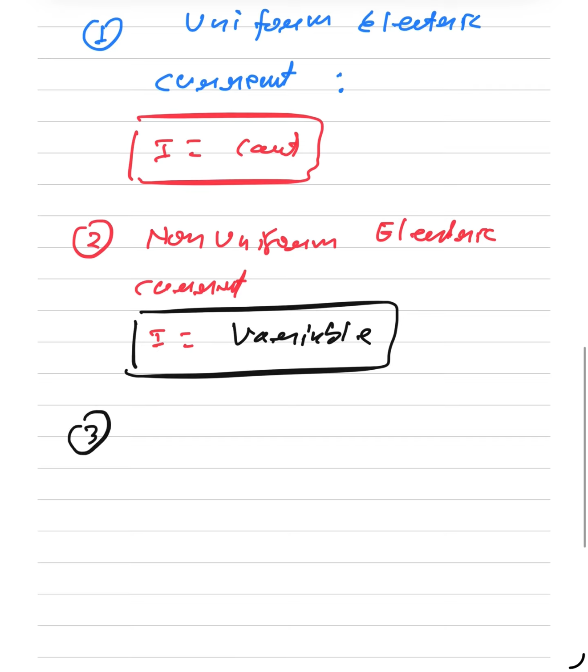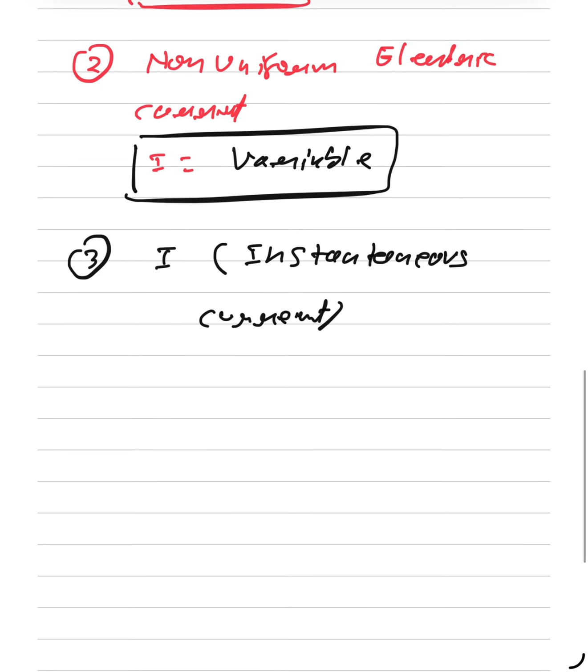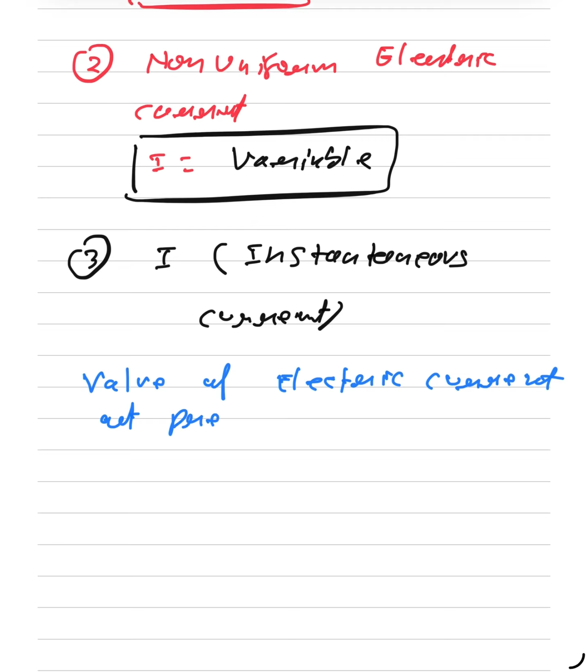Instantaneous current: the value of electric current at the present time is known as instantaneous electric current.